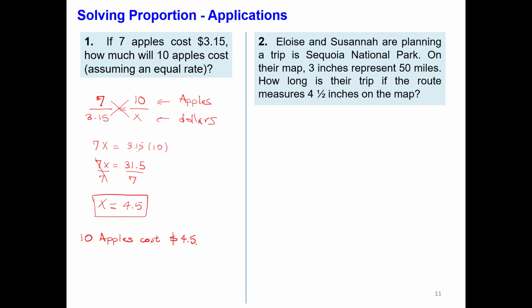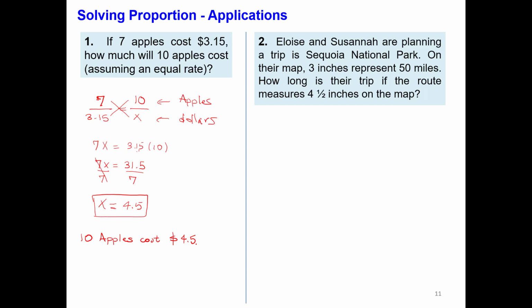Let's try the next problem. In this case, we have Eloise and Susan, and they are planning a trip to some national park. On their trip, 3 inches represent 50 miles.